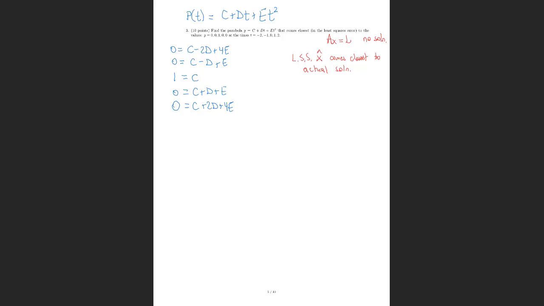And in order to find the least squares solution, you can find it as being the solution to the equation A transpose A x equals A transpose b. Okay? You can remember this equation by just taking the original equation and multiplying both sides by A transpose, and that gets you this system of equations, okay?